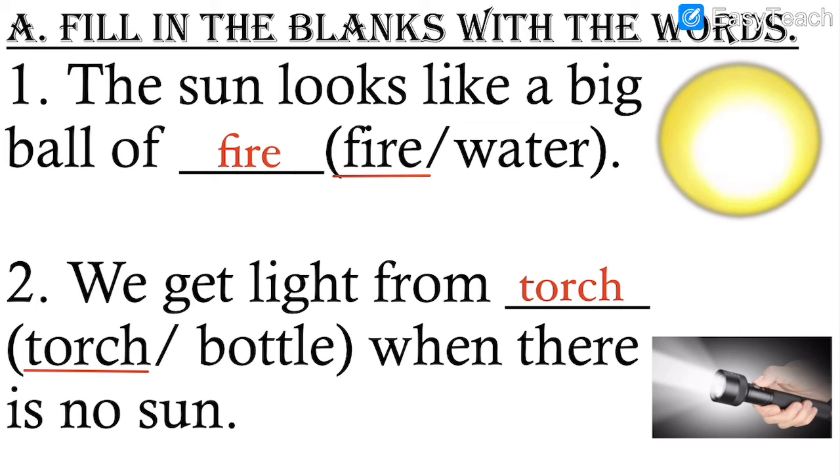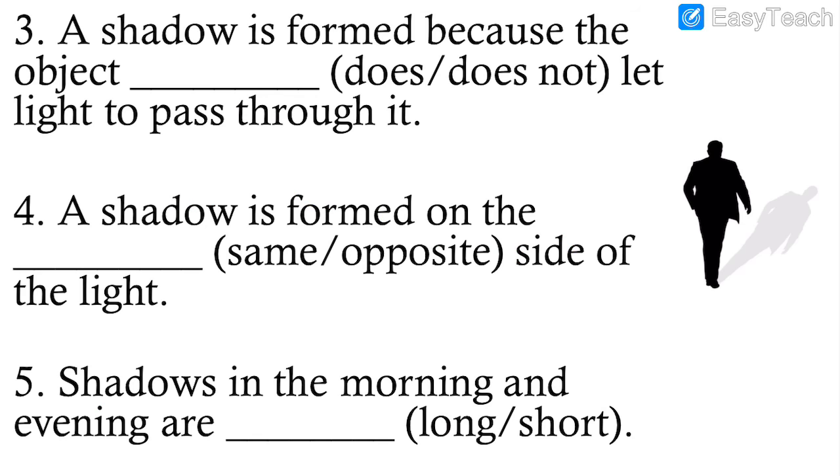Number 3. A shadow is formed because the object dash light to pass through it. When does a shadow form? Does it form when the object allows the light to pass, or when the object blocks the light?